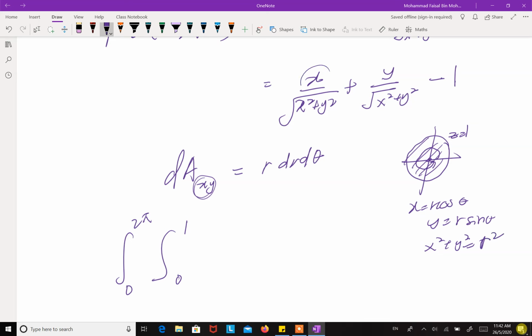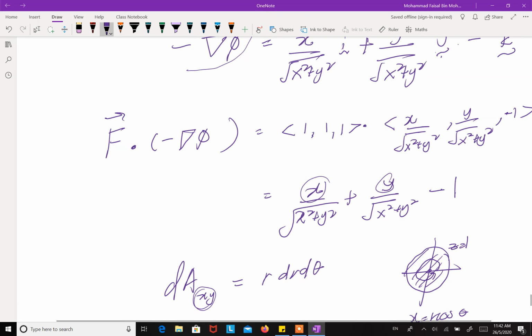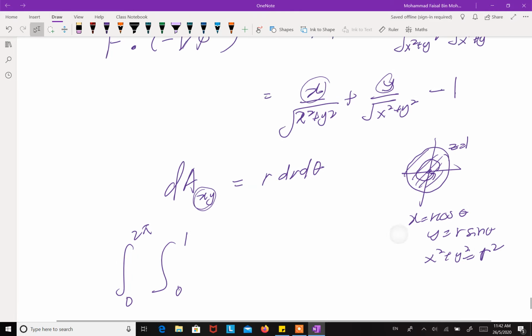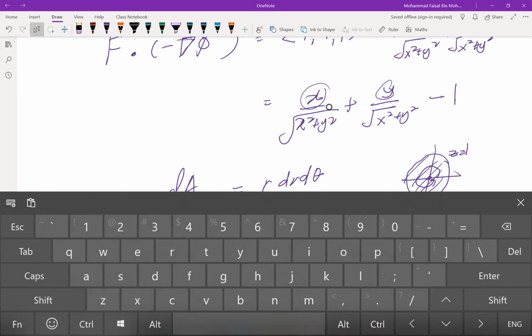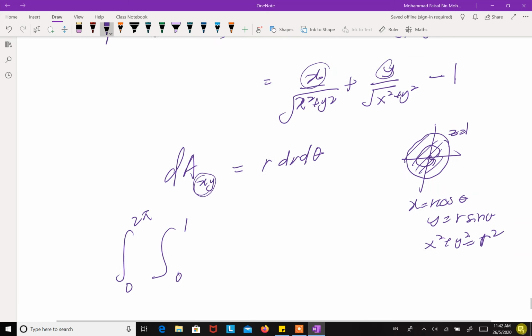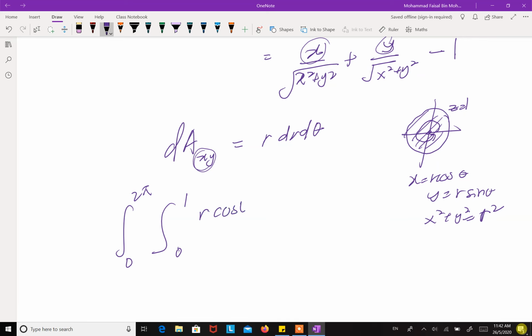So I have substituted all of this because the formula itself is f dot n cap, and we represent it as f dot negative gradient phi. So I substitute x with r cos theta, y equals r sin theta, and x squared plus y squared will be r squared, and then what I have now is r cos theta over r, sin theta over r, minus 1, r dr d theta.